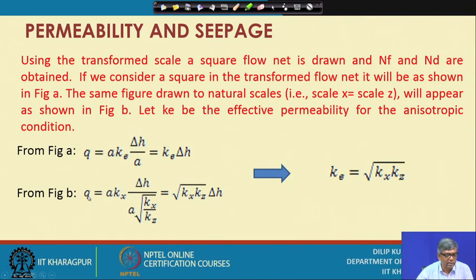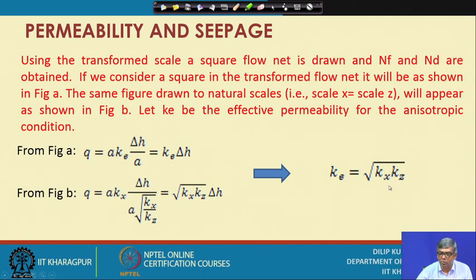So, I am getting Q equal to under root K x K z into delta H. Once I am getting the original section, which I have represented by the transformed section with equivalent or effective permeability K E, then I am getting K E into delta H. So, these two must be equal, because I am satisfying a certain condition, I have chosen this K E. If these two flows are equal, since del H and del H are the same in both cases, K E must be equal to under root K x K z.